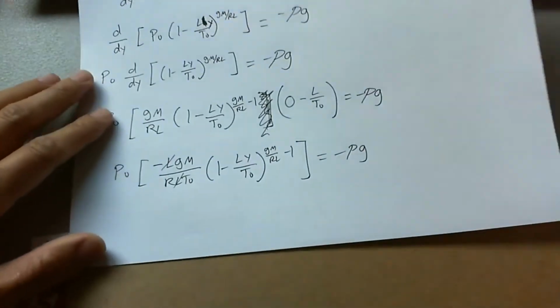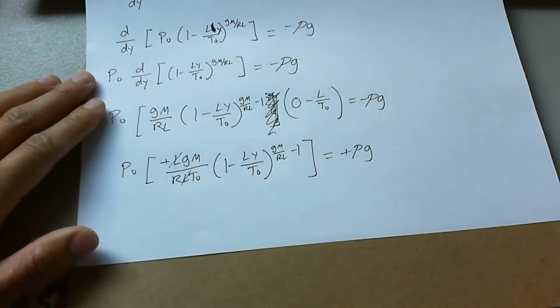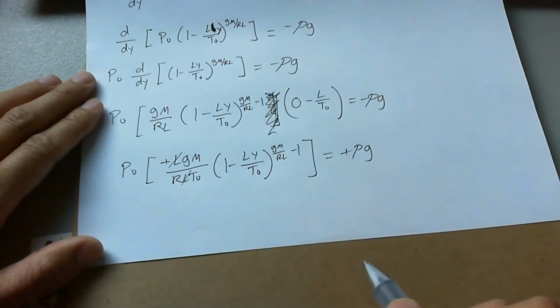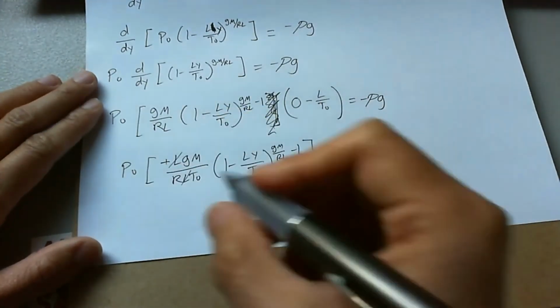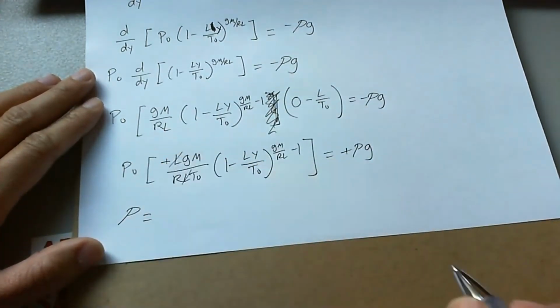Since there are negatives on both sides, I can divide both sides by negative 1, which makes them positive. And I'm going to isolate rho by dividing the whole thing by G.